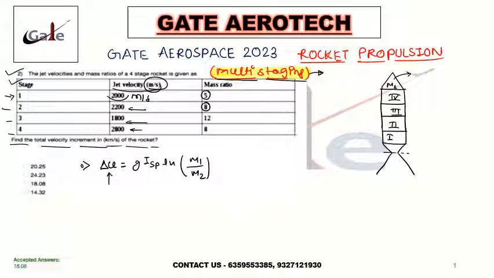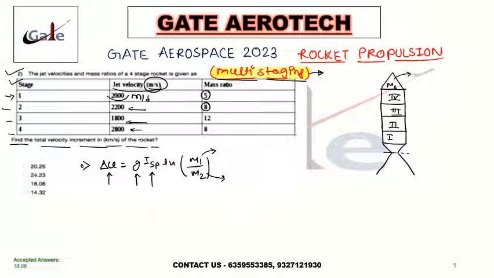Delta U is the change in velocity, G is gravity, ISP is the specific impulse of that propellant, m1 is the initial mass of your rocket, including the whole propellant, structure weight and payload weight, and m2 is the final mass of the rocket after burning of propellant.